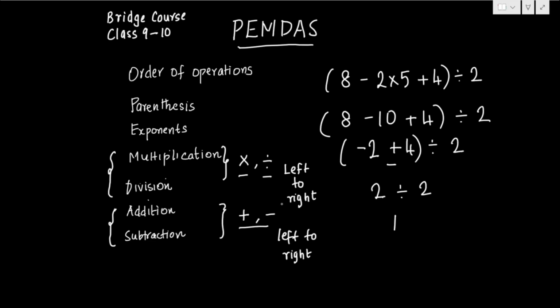Whichever is on the left, do that first. Similarly here, whichever is on the left, do that first. So since subtraction was on the left, I did that first. And then once we simplified it, we had only the plus operator, the addition operator, left. So we got 2 by 2 and ended up with 1.